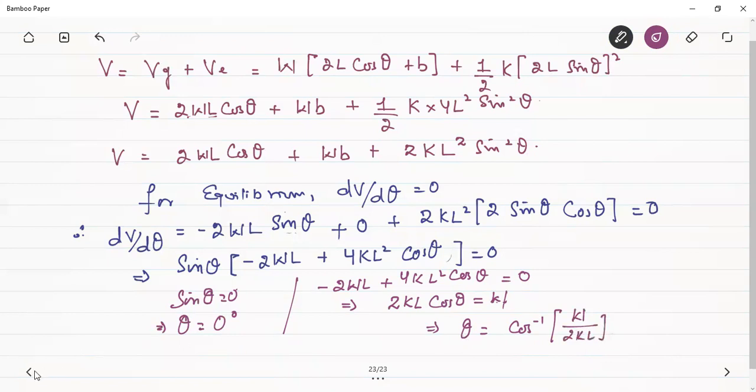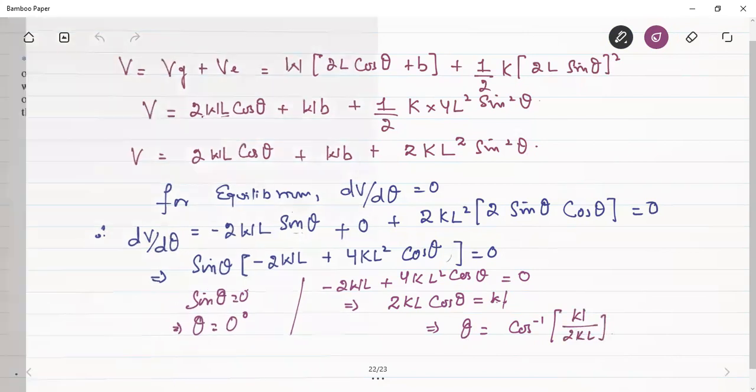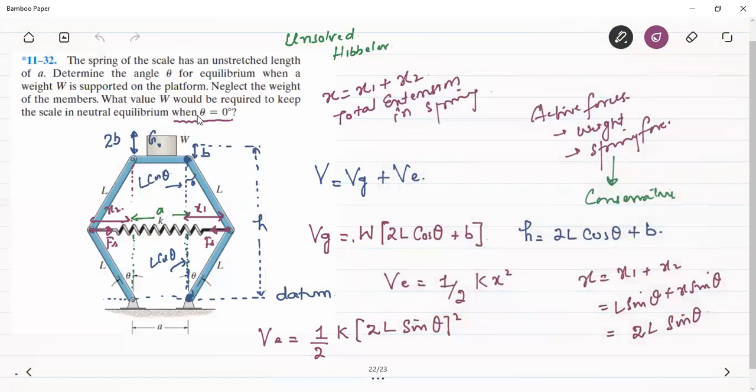So what we have to do in this question is that it's given that when theta is equal to 0, what value of W is required to keep the scale in neutral equilibrium when theta is equal to 0 degree. It says that when theta is equal to 0 degree, the system is to be taken in neutral equilibrium.